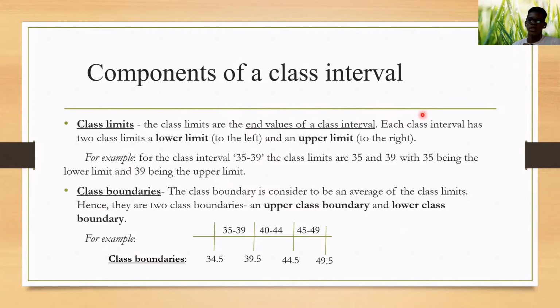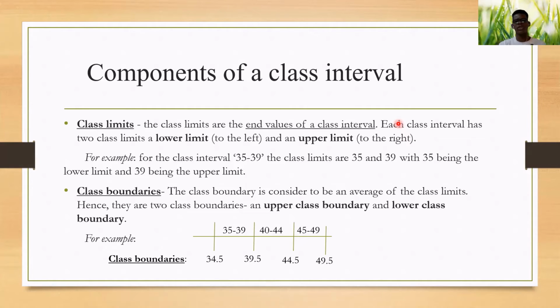Each class interval has 2 class limits, a lower limit that's to the left and an upper limit that's to the right. The one of lower value is called the lower limit. The one of higher value is called the upper limit, right?